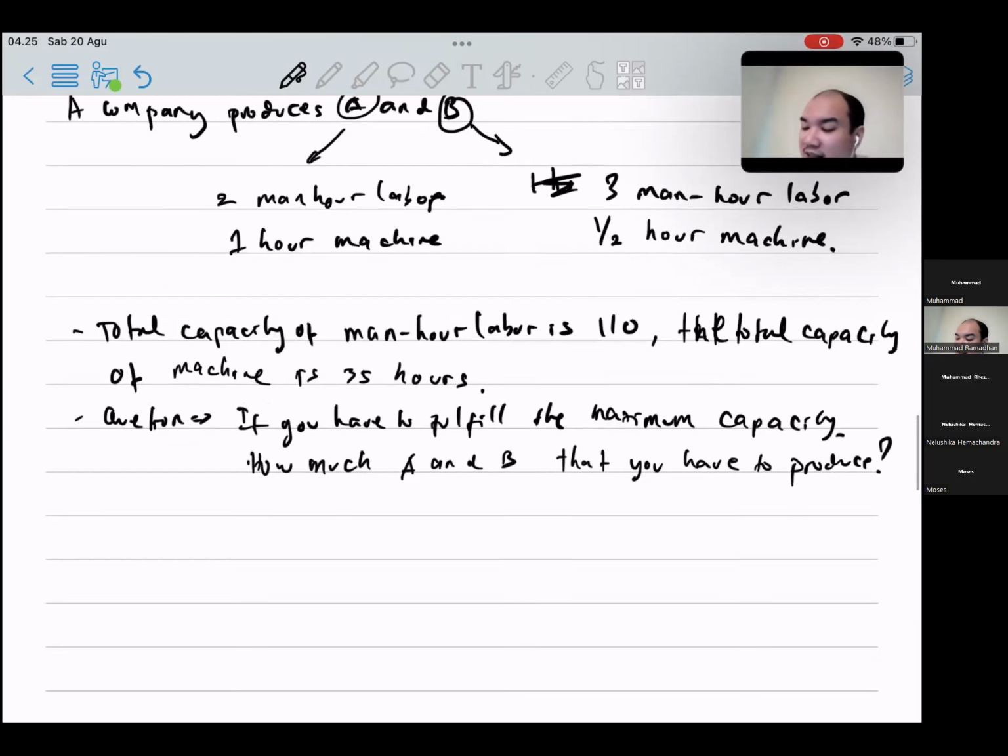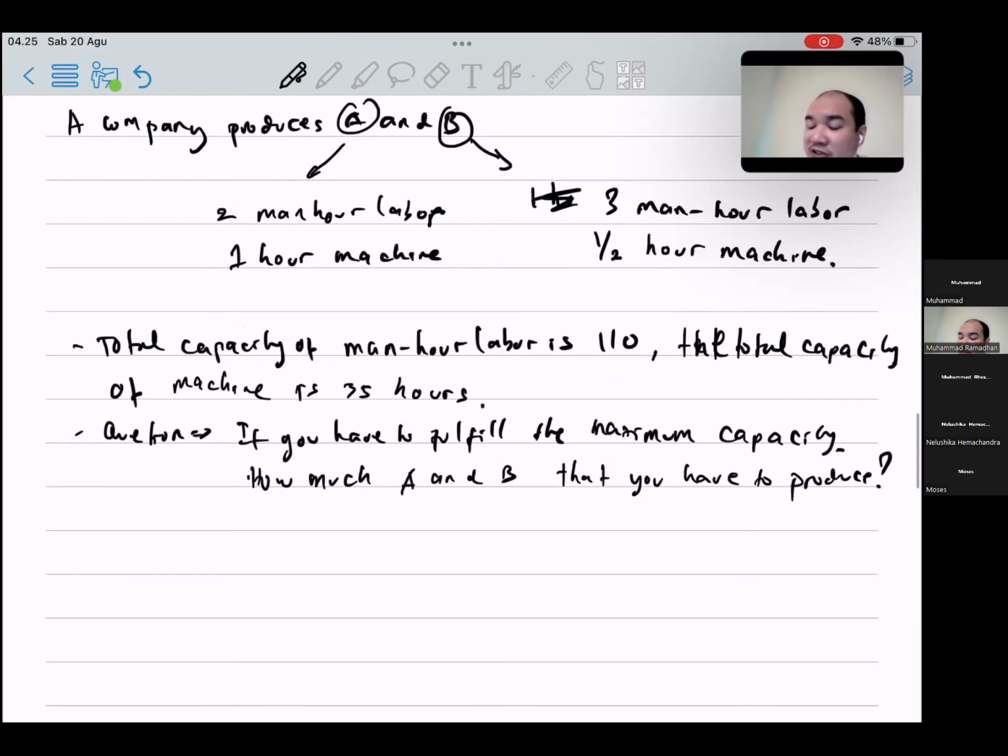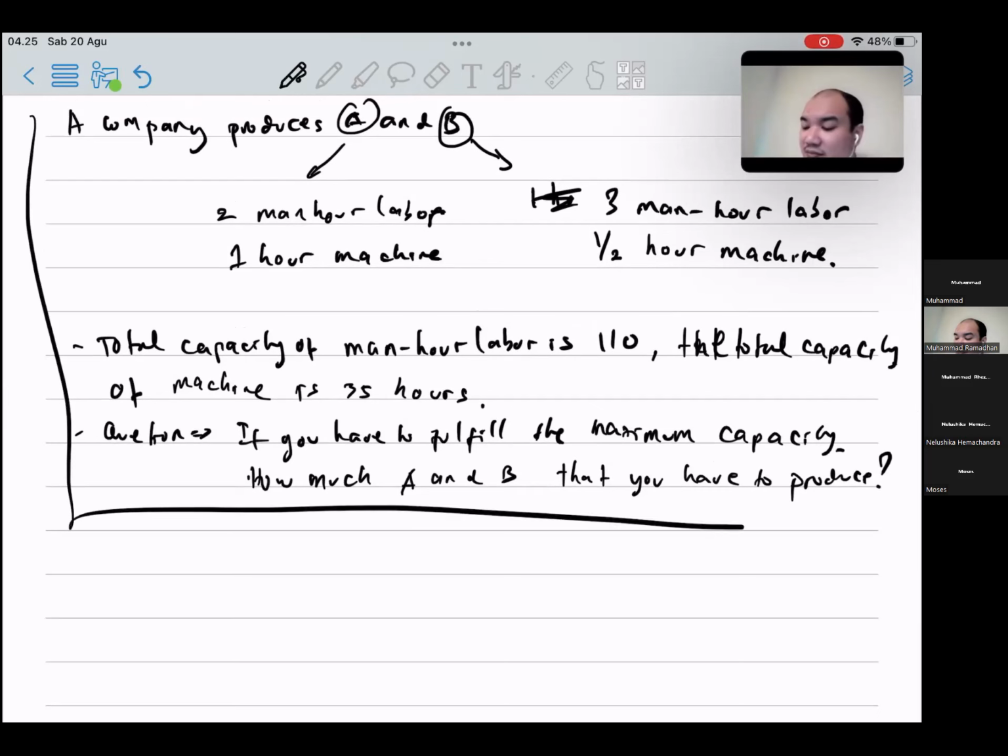Firstly, we can draw this case into a linear equation. To produce A, it needs 2 man-hour labor, and to produce B, it needs 3 man-hour labor, and the capacity of man-hour labor is 110.